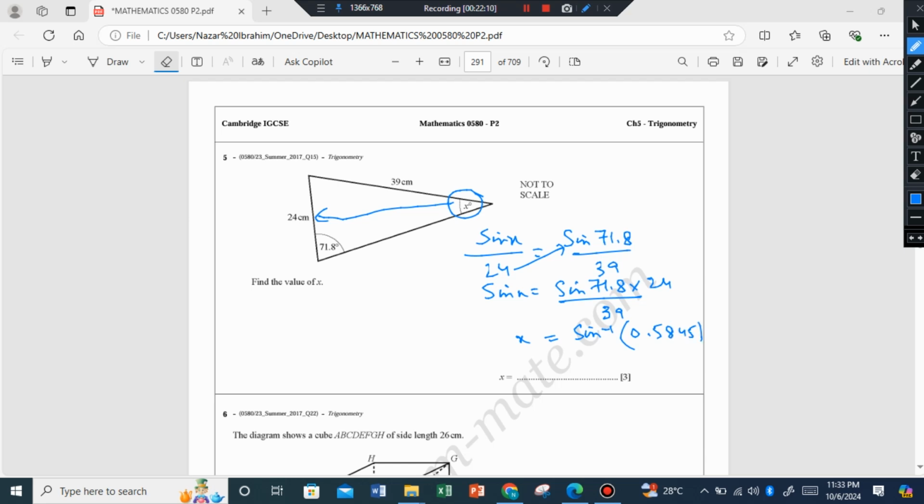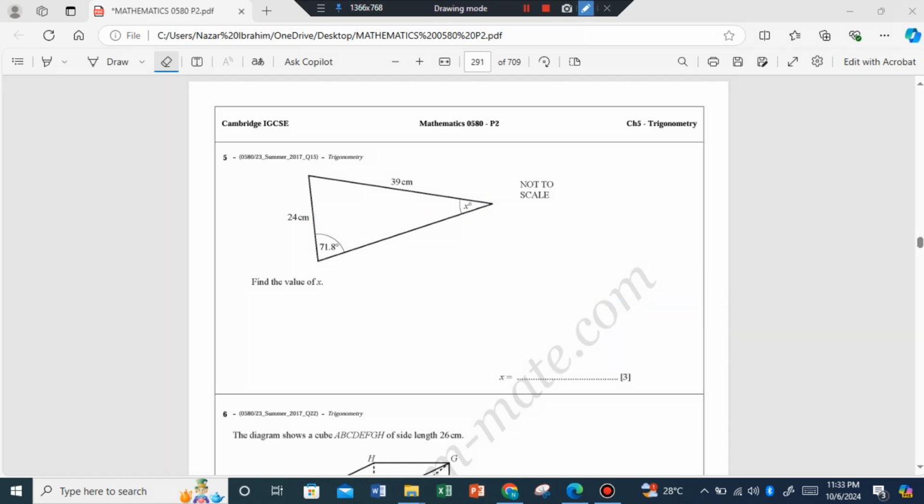Taking sine inverse, I am getting the answer 35.77. Clear? Okay, let's move further. This was a simple question, same as before.